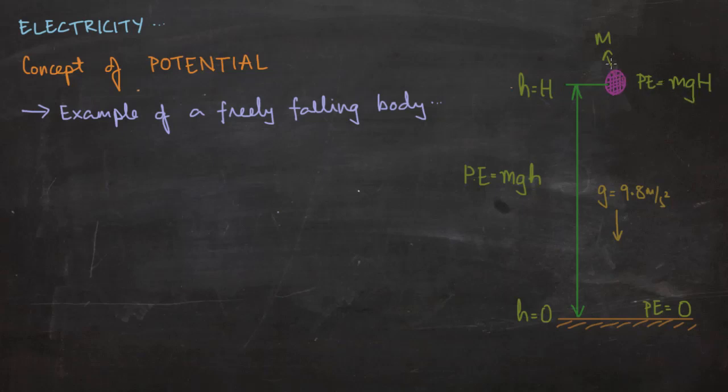So a body that is left freely to fall from a height h is going to move from a higher position to a lower position until it loses all this potential energy.